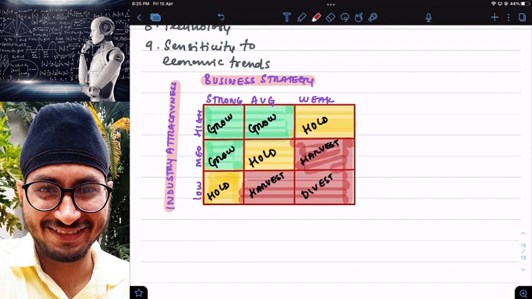Clear? So green zone, yellow zone, red zone. How many zones are there? Green zone, yellow zone, red zone.